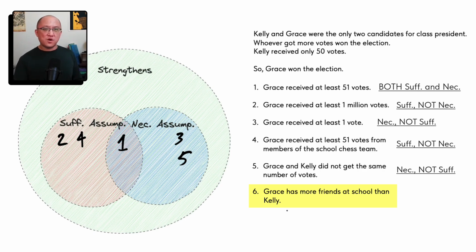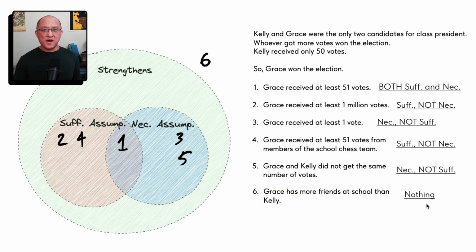But that's too far because votes can come from anywhere. I mean, we don't even know that these friends were in her class or were eligible for voting. There would be too much of a jump to go from having more friends to got more votes. And so that's why number 6, I would actually put outside of this category entirely. It's not a strengthener at all.